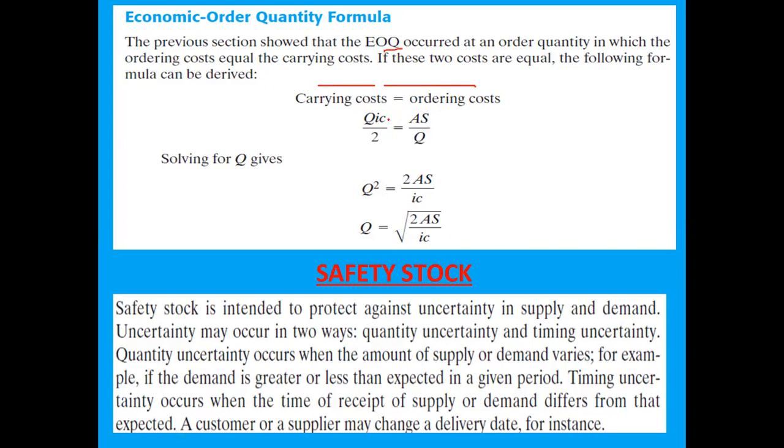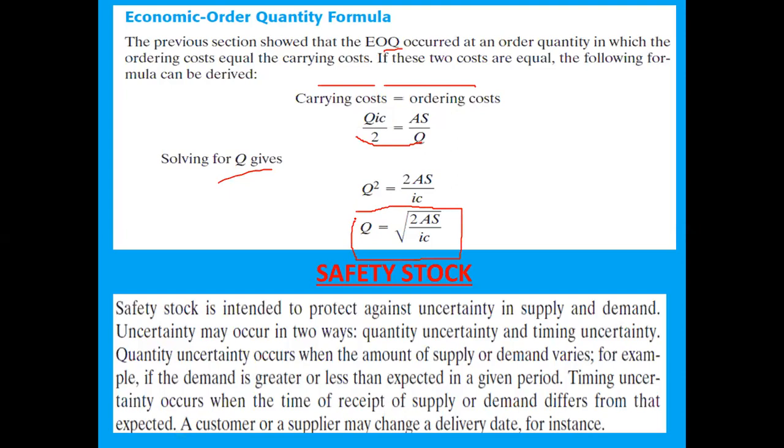Therefore QIC divided by 2 is equal to AS divided by Q. Solving for Q on both sides, Q square is equal to 2AS by IC. That is, Q is equal to the root of 2AS by IC. Got it? So that is the concept of economic order quantity.